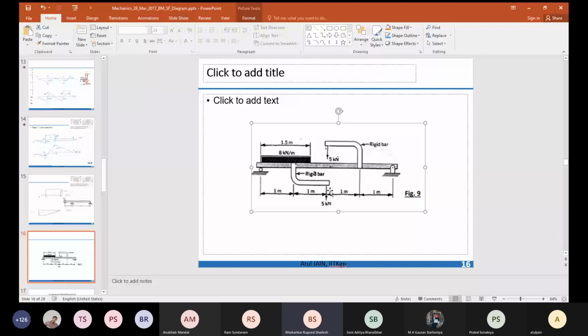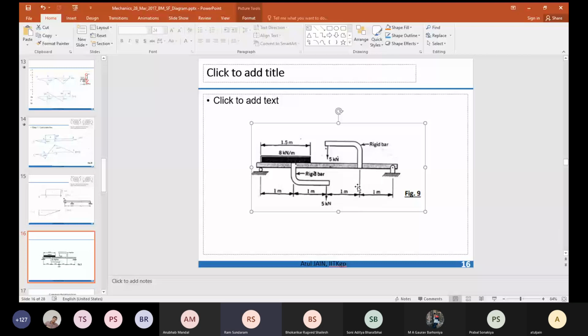Sir, I didn't understand how you wrote the reactions of the rigid bar on the beam. Do we have to separate the rigid bar and beam to know what forces are acting on the beam because we are applying force on the rigid bar? Apply this 5 kilonewton at the point of contact between the beam and the rigid bar, plus a moment of 5 kilonewton into 1 meter.